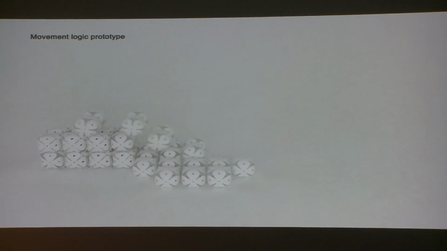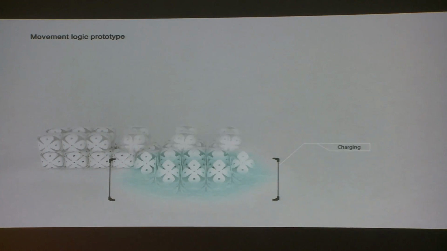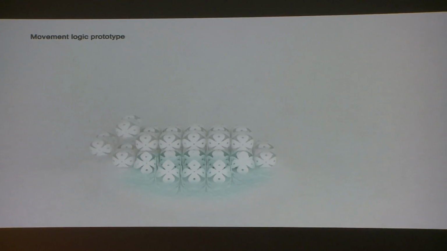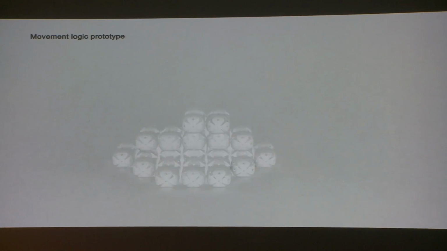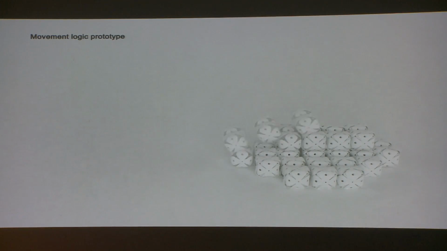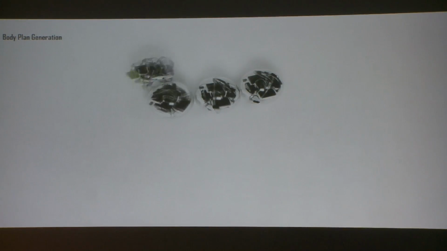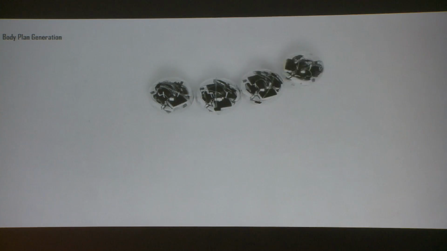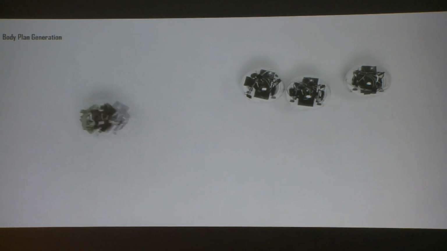And as a bigger body, they are able to move together. When they're low on energy, some of them are able to open, collect energy, while the others continuously move. As individual cells, they're able to collectively move, connect, and create different formations.